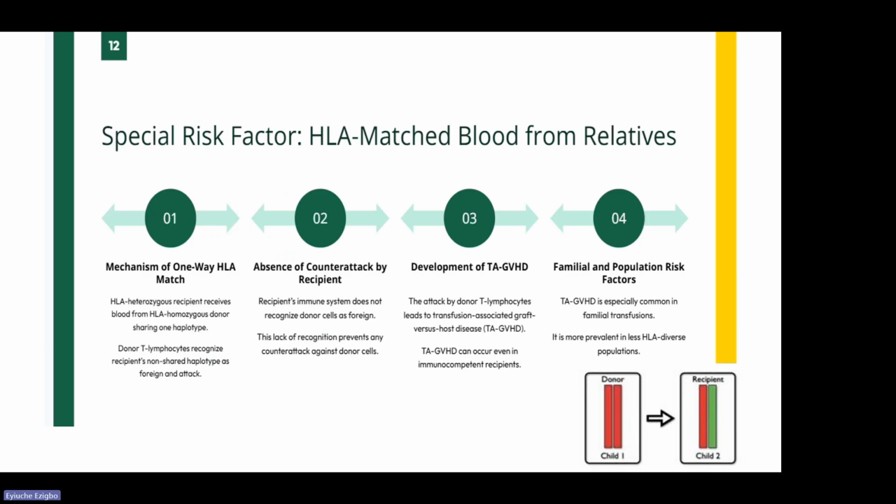Another special risk factor: HLA-matched blood from relatives. Mechanism of one-way HLA match. I will explain this slide using this diagram. Just zero your eyes to this diagram. So this is the donor, and this is the recipient. In families, sometimes we are not homozygous for the same HLA antigen; we may be heterozygous.